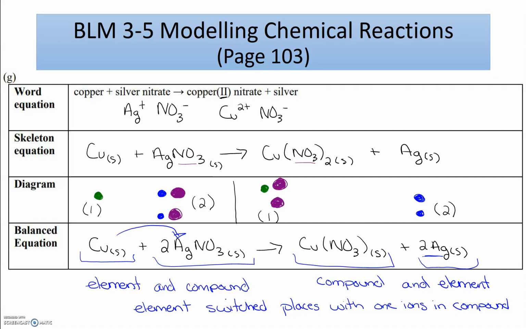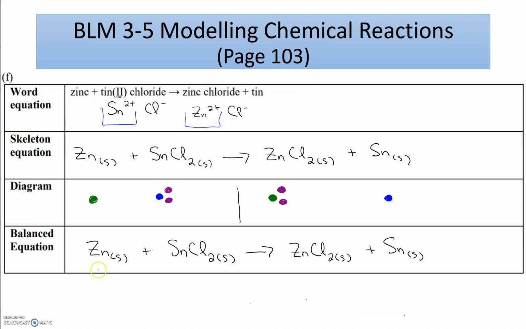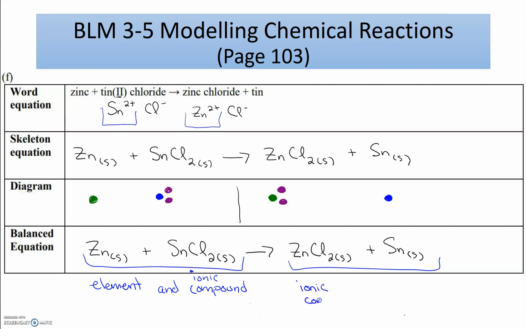Let's see if that's what happened in F. So in F, again, we've got an element and a compound. And I suppose we can be really specific and say it's an ionic compound. And as my products, I've got an ionic compound and an element.